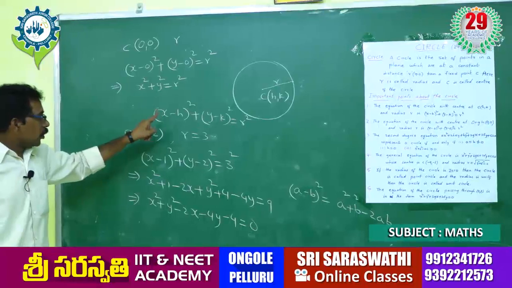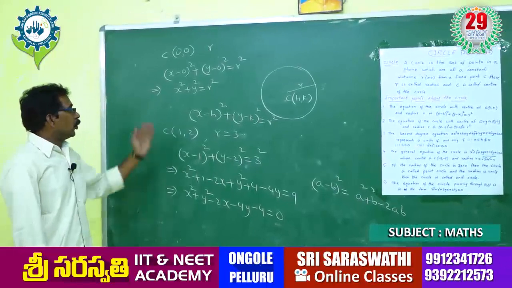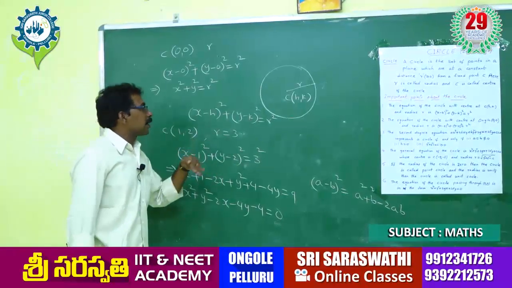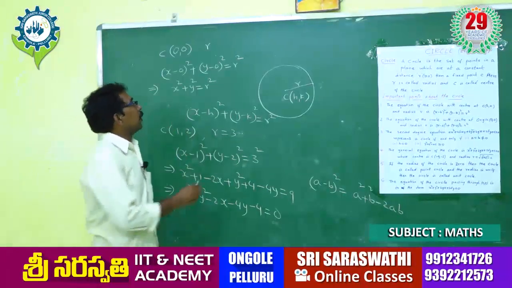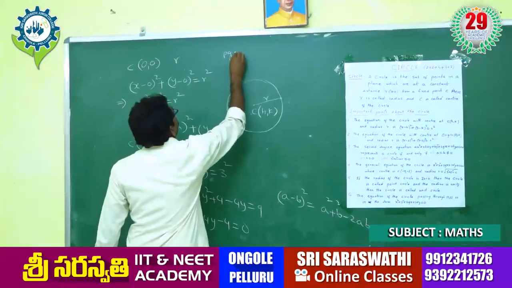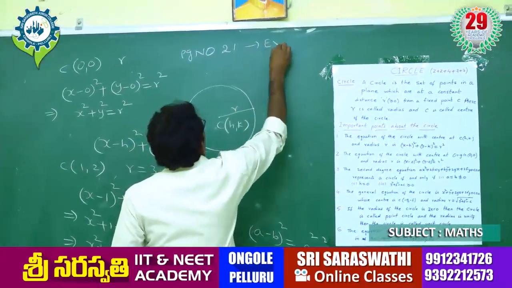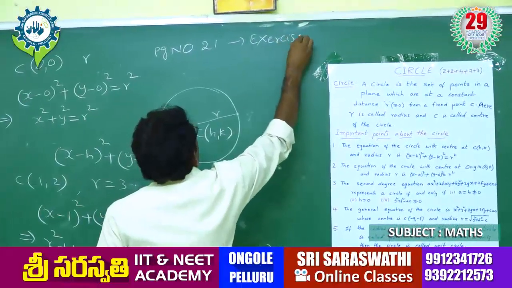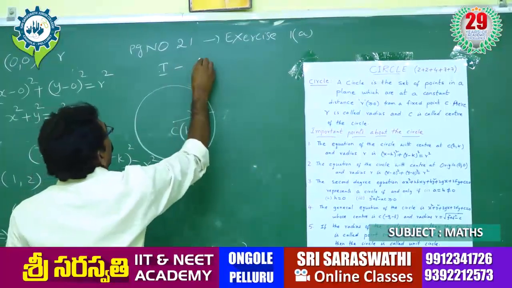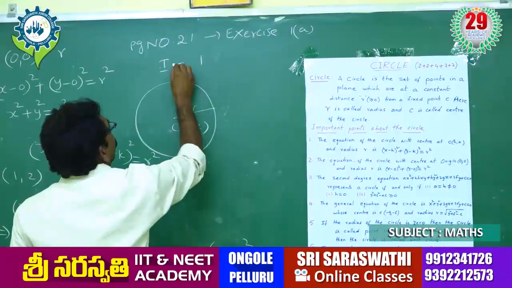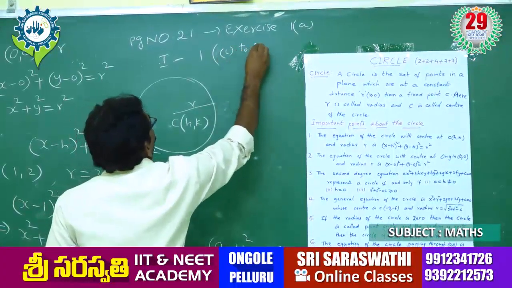Next, for your convenience and practice, do some practice problems in the Academy textbook for this model, page number 21, exercise 1a, Roman 1, problems 1 to 10.